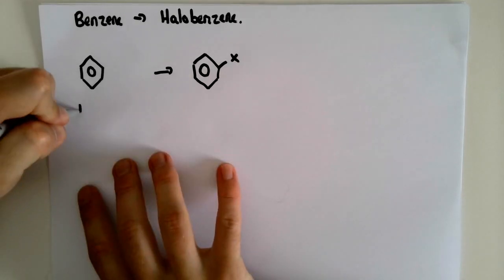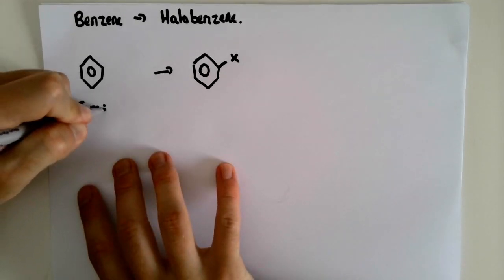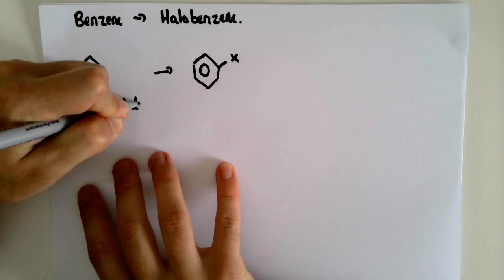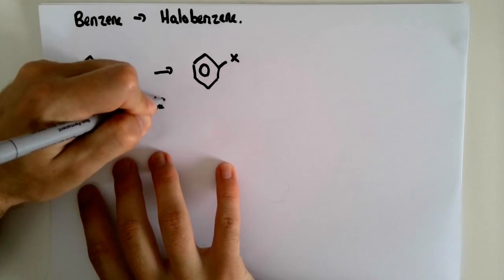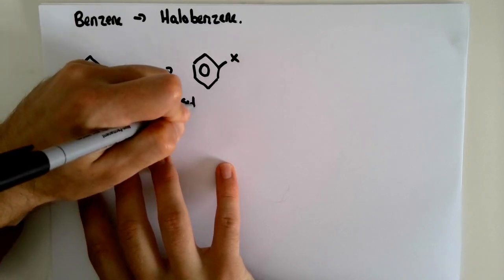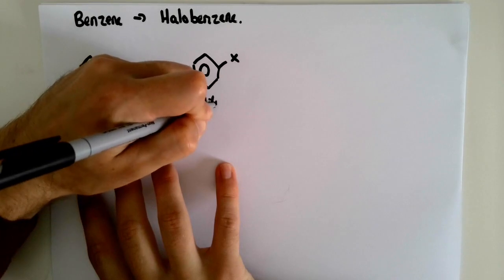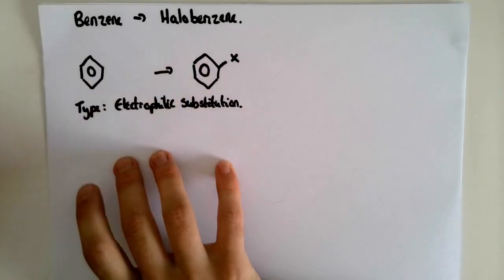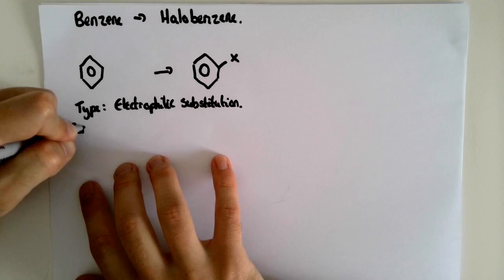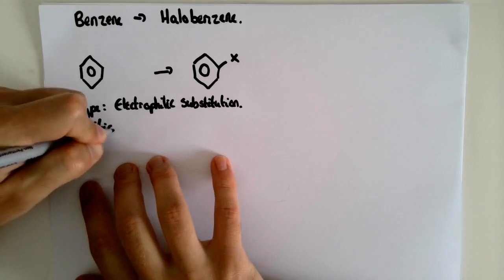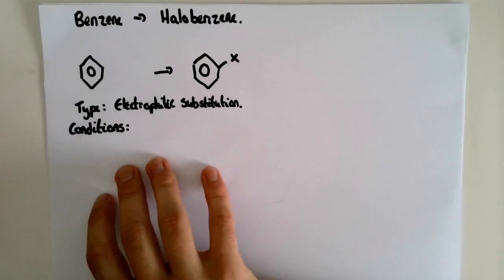The type of reaction that takes place, same again, so electrophilic substitution. Conditions and reagents that we need to use in order to actually get this reaction to work.